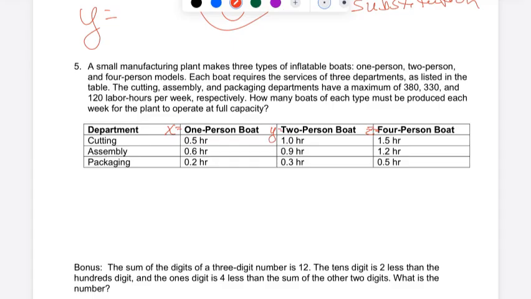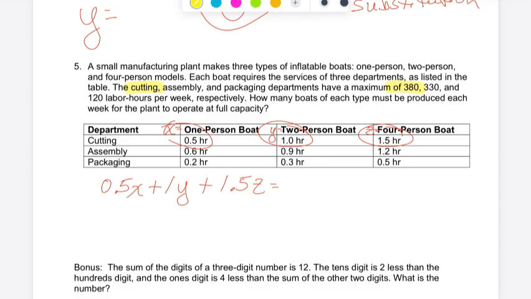You have to make the connection here that it's a half an hour for cutting, an hour for cutting, 1.5 hours for cutting, for each one of these. So half an hour for every x, 1 hour for every y, 1.5 hours for every z, and that's going to equal the total amount of cutting hours. Do we see that number up here? It's our first one.